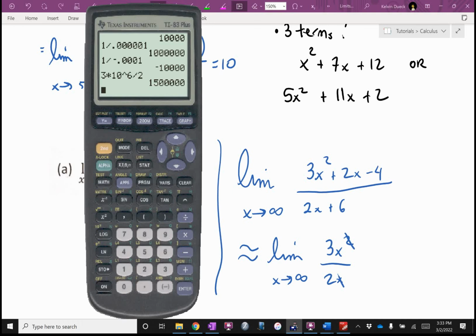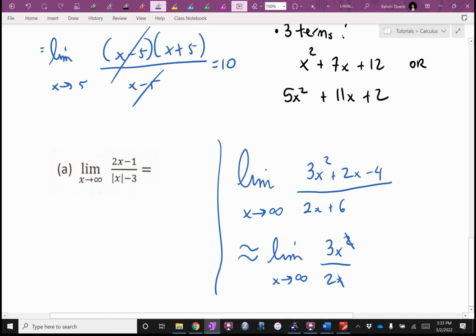If we plug in a bigger and bigger number, positive infinity, when would it be 0? If the x wasn't on the top, but instead was on the bottom. If I had 3x and 2x squared to start out, then I would end up with 1 over x, like in one of your quiz questions. That would be 0. What if it was this?